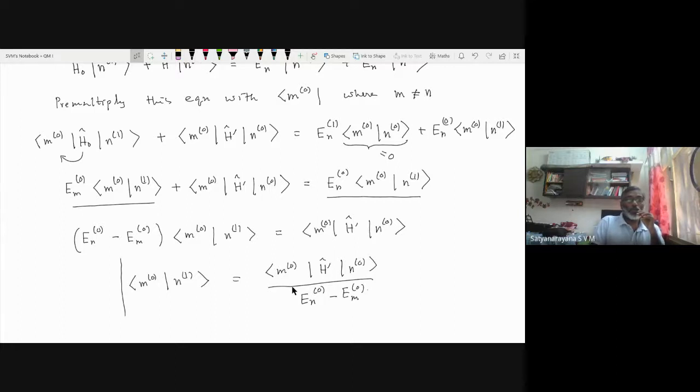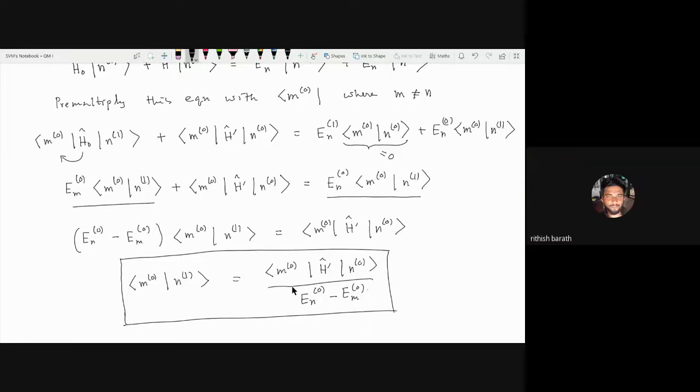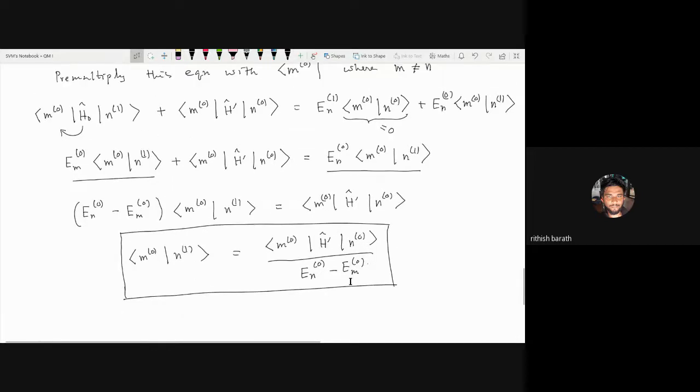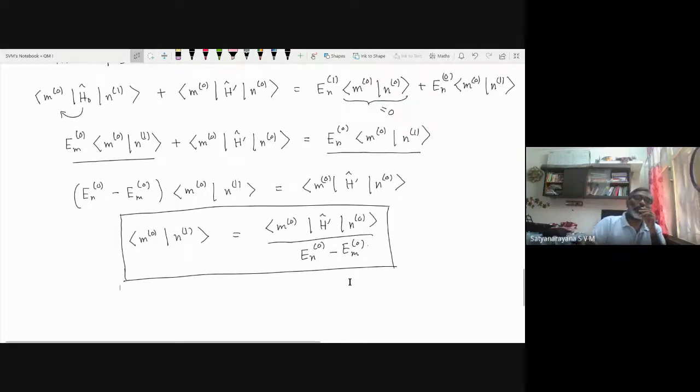Now, if I claim that I have determined my state, do you understand? Okay. Sir, just a doubt. Here you have told that N0 and M0 are orthogonal. But why are M0 and N1 not orthogonal, sir? Yeah, that is correct. They are basically two states of the same orthogonal basis.